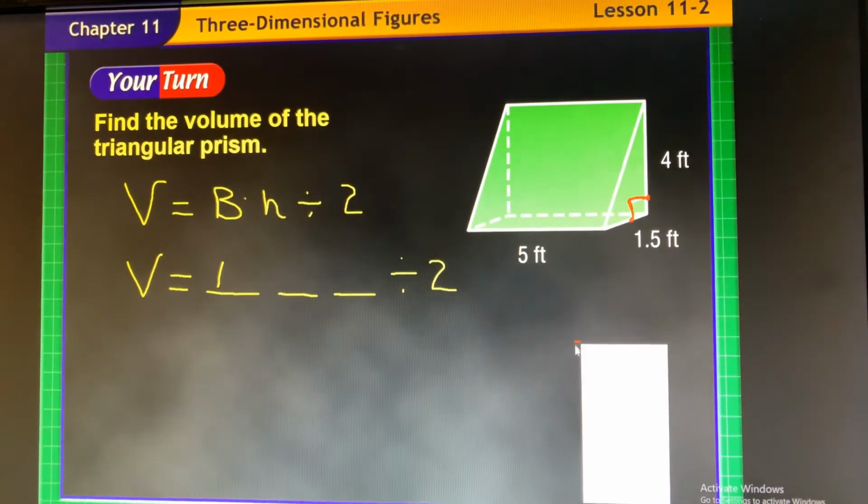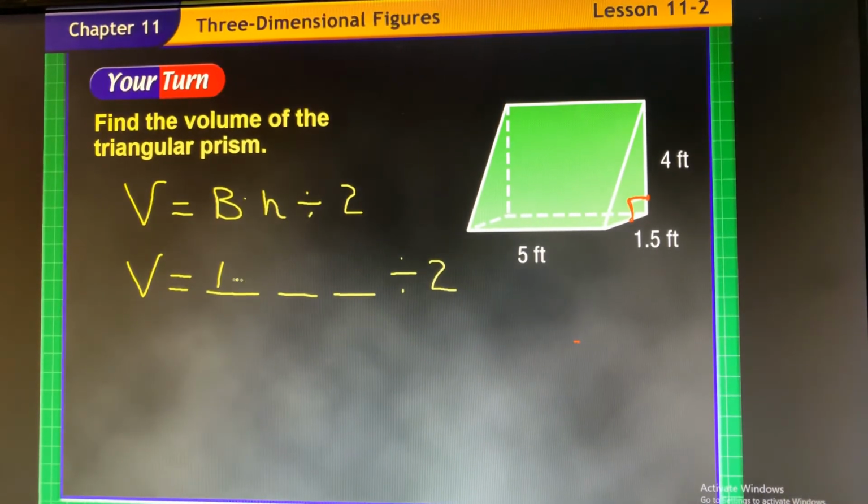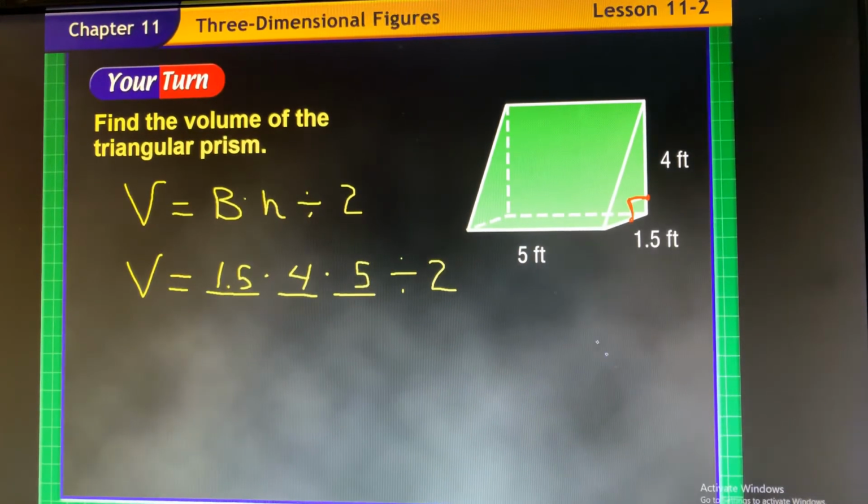Okay, so 1.5 times 4 times the height of the whole figure. Why is this the height of the whole figure? Because it connects the 2 bases, here to here.